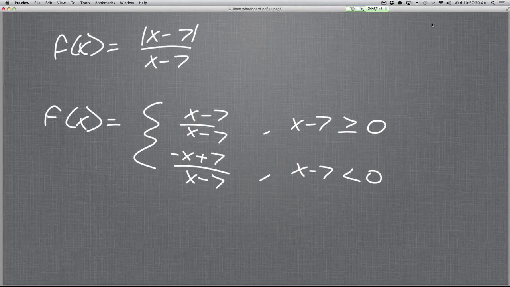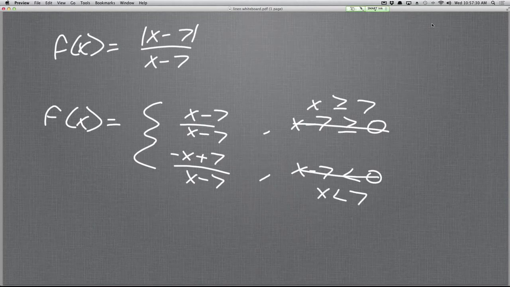So my domain down here on the bottom ends up being what? X is greater than or equal to 7, and my domain on the bottom is x is less than 7. Now, we should be able to notice that this right here is not 0, it is 1.